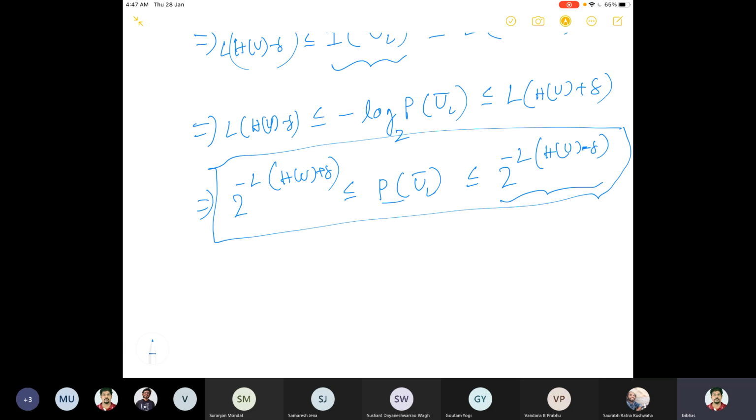One is we are connecting the probability of every sequence u_L bar in terms of entropy. This is why it will play a big role later on. Then we want to find the size of the typical set, that means how many sequences of length L will satisfy this.